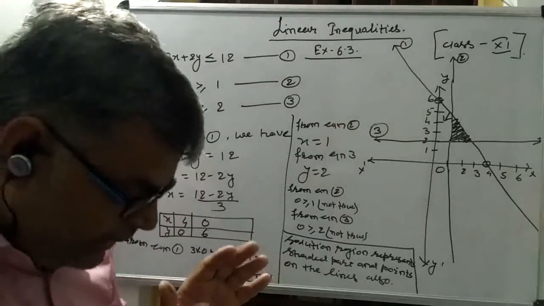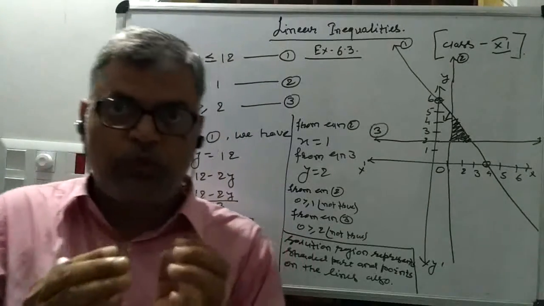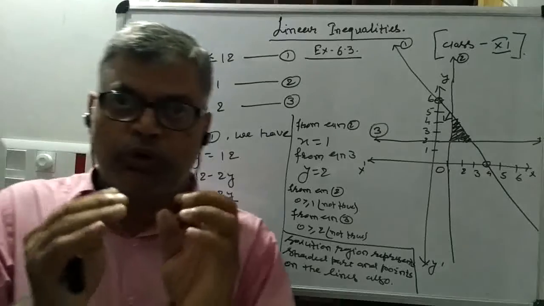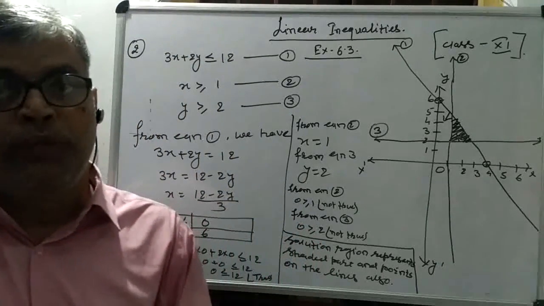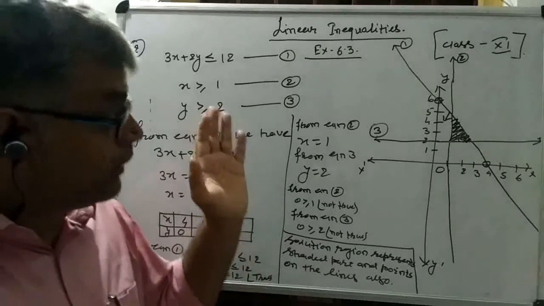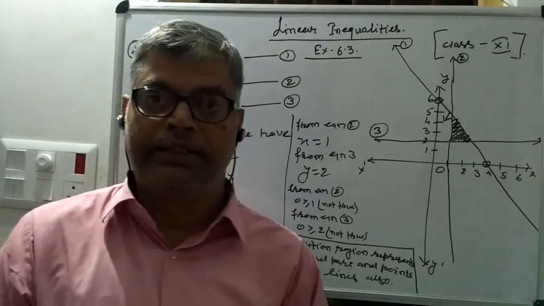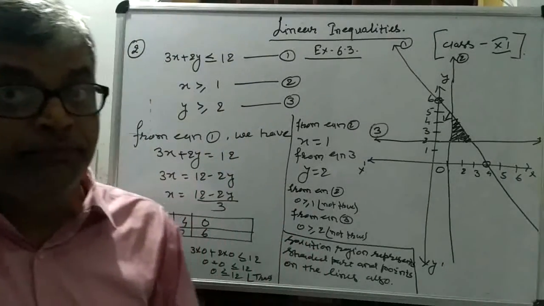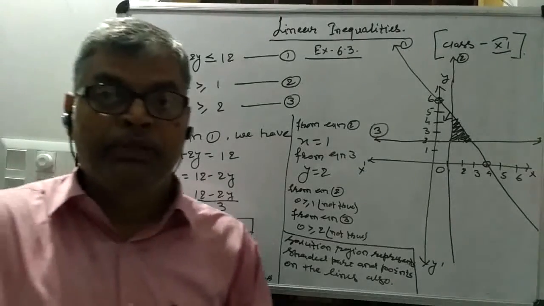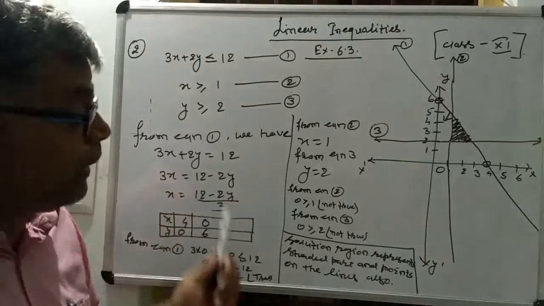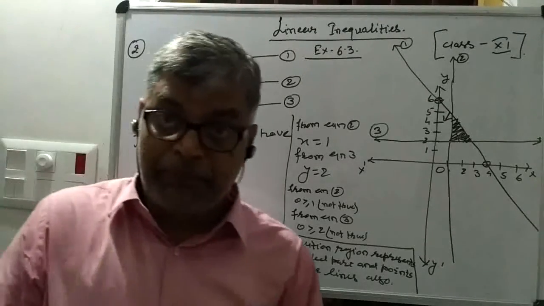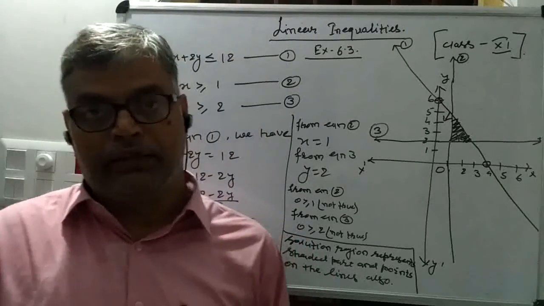Now, in this type of question, you have to identify the common area in your graph satisfying all the given inequalities, and then you have to see whether the inequalities are simple inequalities or strict inequalities.